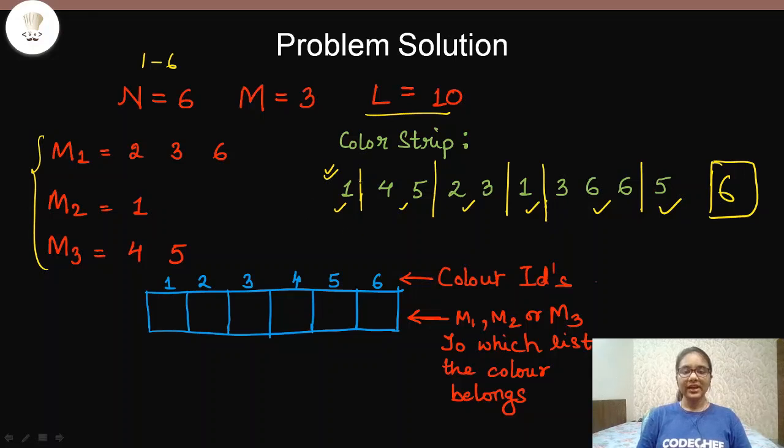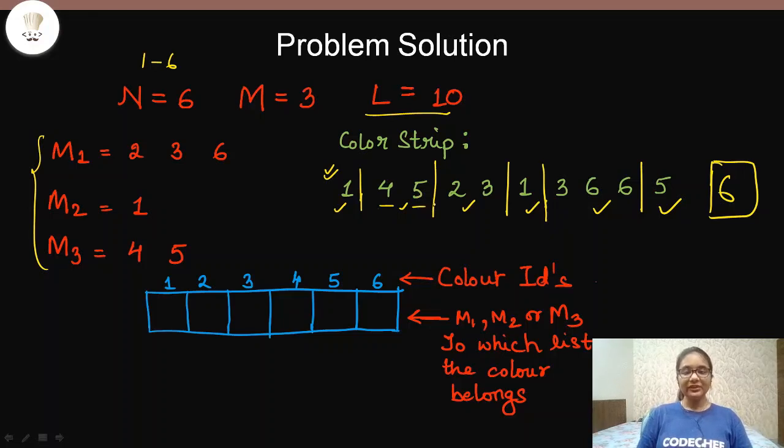We want to know that when this color ID belongs to one of the lists, we check whether the next color ID belongs to the same list or a different list. In case it belongs to the same list, for example, after checking 4, if we check 5, then we will see that 5 belongs to the same list as 4. Then the segment will remain the same.